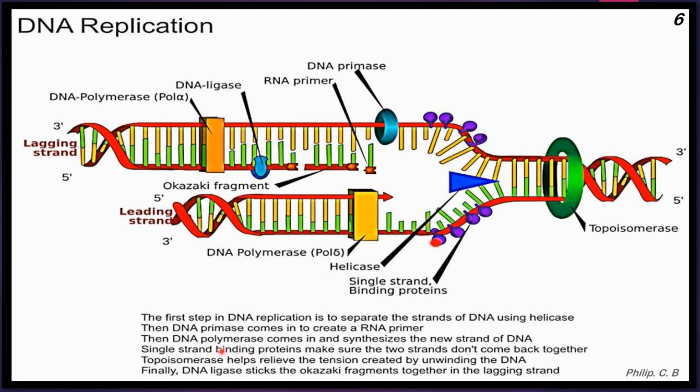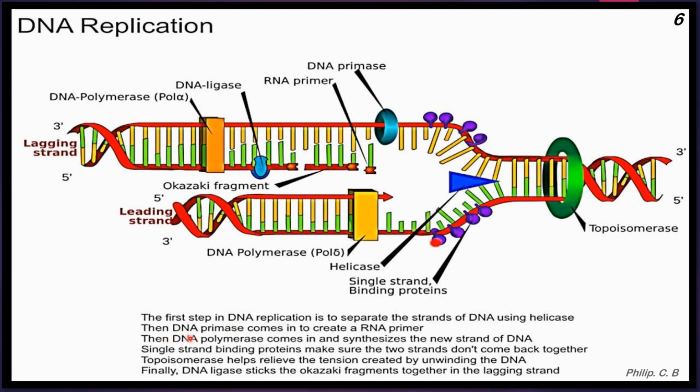So if you just go through the points here, the first step in DNA replication is to separate the strands of DNA using helicase. So here you can see the helicase which helps to separate the strand. You can say it acts like a scissors to cut open the DNA strand.